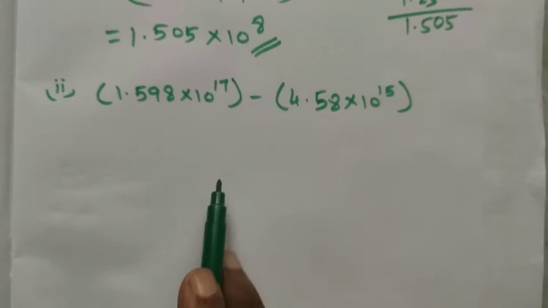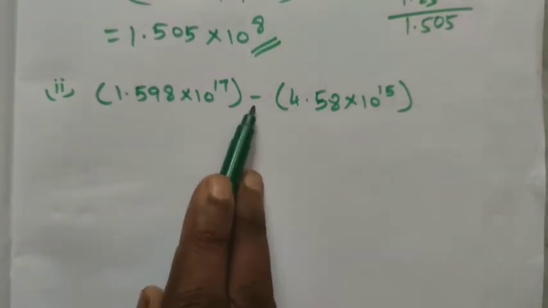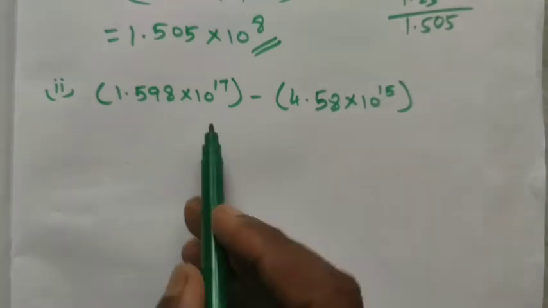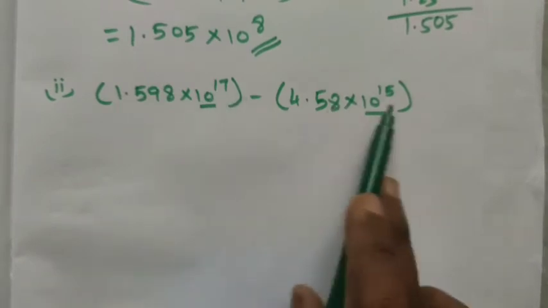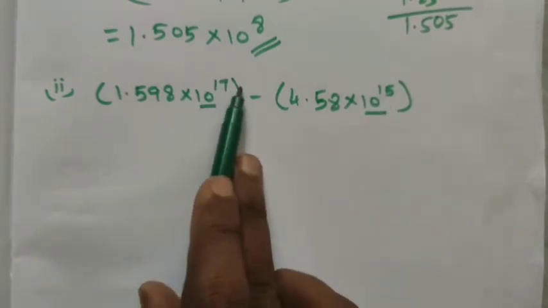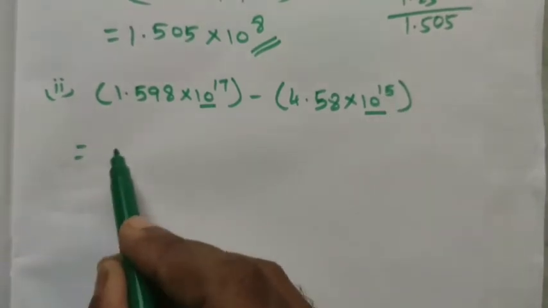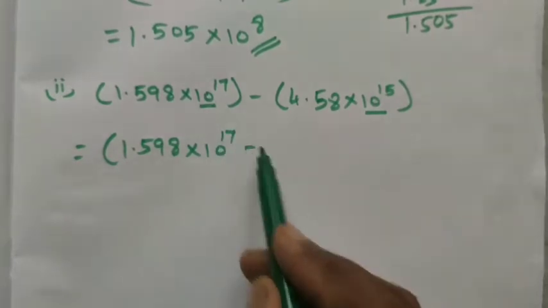Now see, the second one is given as 1.598 into 10 to the power of 17 minus 4.58 into 10 to the power of 15. First you have to convert to the same power. Choose the highest power. So I keep 1.598 into 10 to the power of 17.